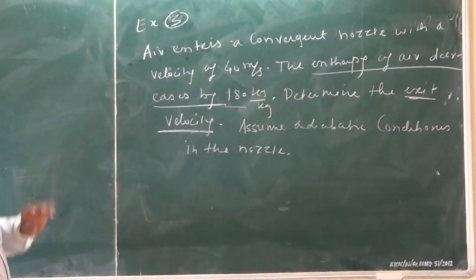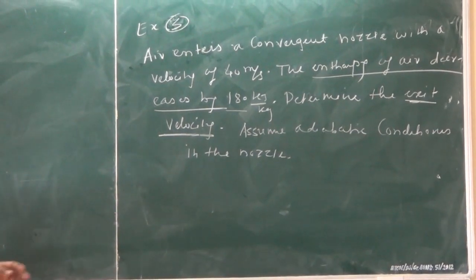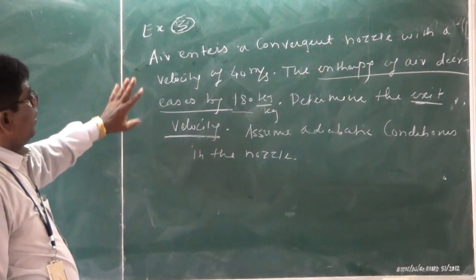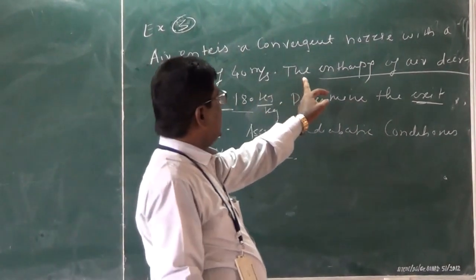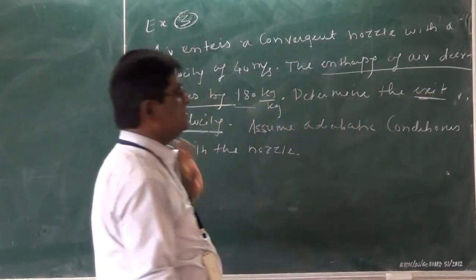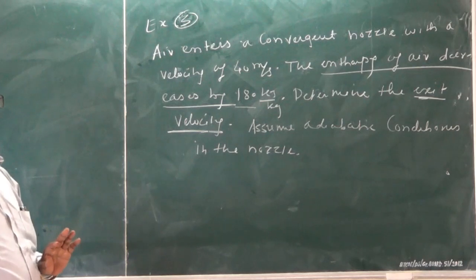So here we have to calculate C2, the exit velocity. It is a convergent nozzle.